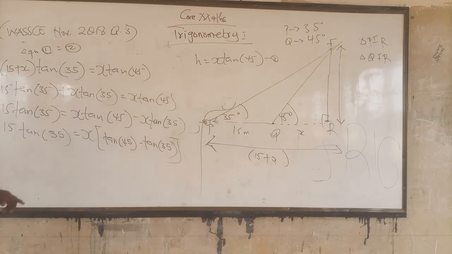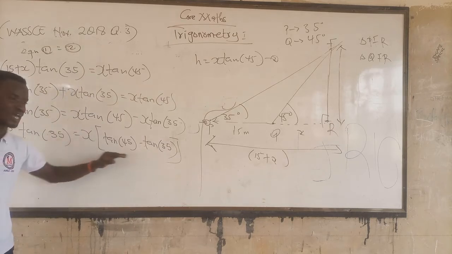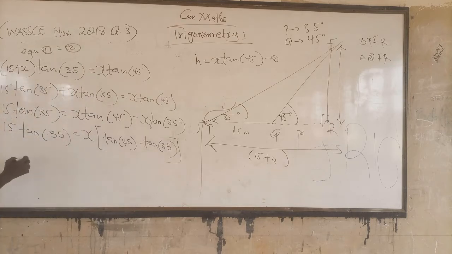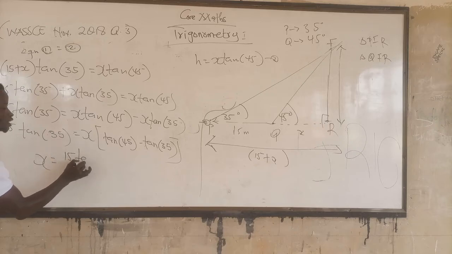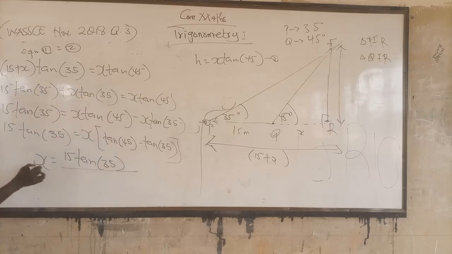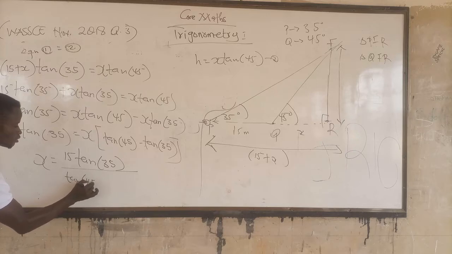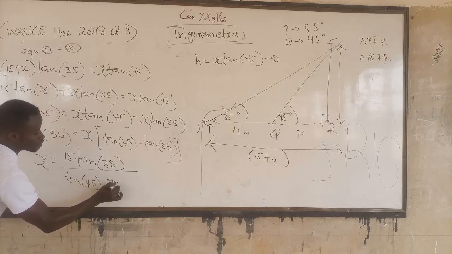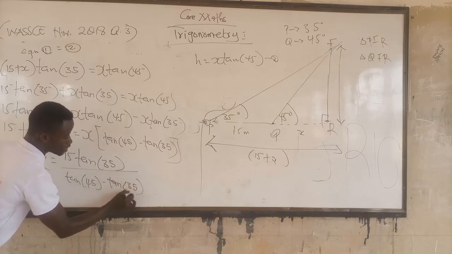So to be able to get x, we divide both sides by the whole of this. Therefore, x will be equal to 15 times tan 35, the whole of this, over tan 45 minus tan 35.